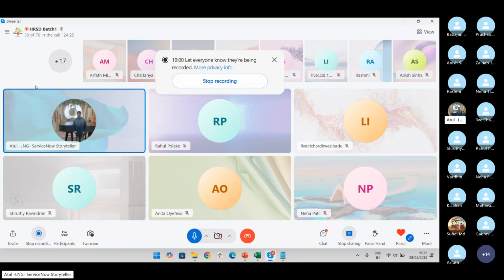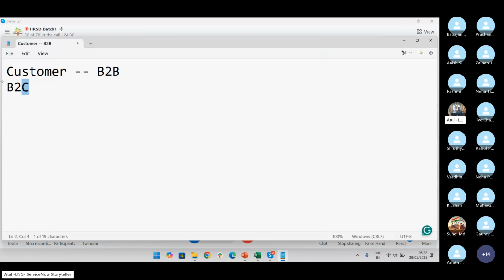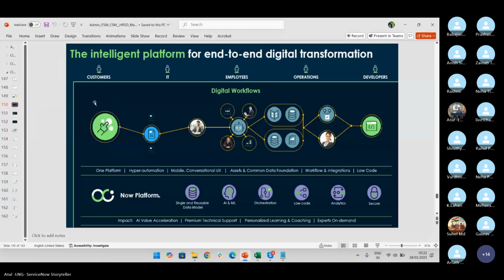That is B2B. So to manage those kinds of issues, जो रश्मि ने बोला complaint, श्रुति ने बोला आप will raise a complaint. To manage those records, ServiceNow says I am giving you the customer workflow. Then IT.